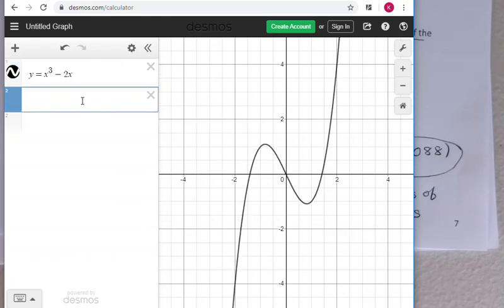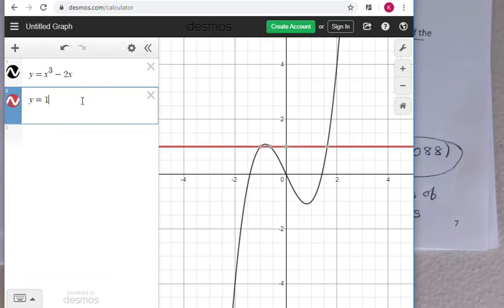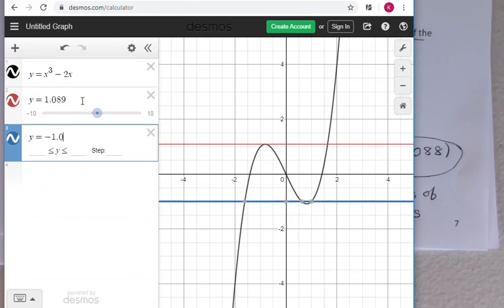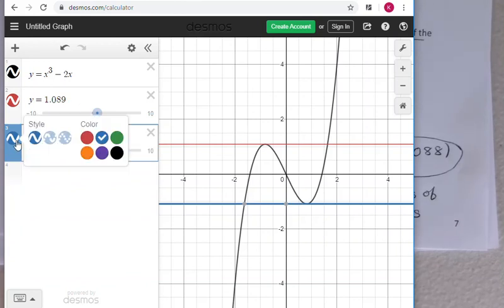If I graph the two tangent lines, y equals, and I might as well use theirs, 1.089, and y equals negative 1.089. I'll make that one red also. There we go.